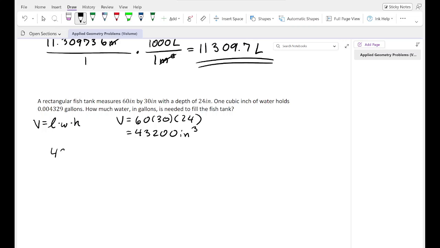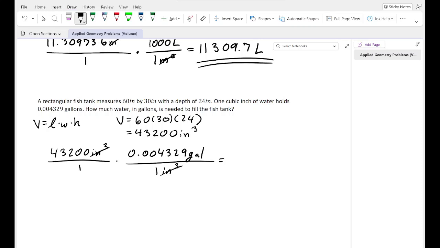So 43,200 cubic inches using dimensional analysis. Again, I'm going to use my conversion that I know. 0.004329 gallons over 1 cubic inch. Cubic inches cancel, which is what I want it to do.